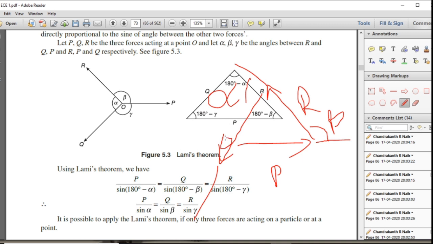This is the force Q. So what is this angle? This is gamma. So see, this is beta, this is alpha, this is gamma.